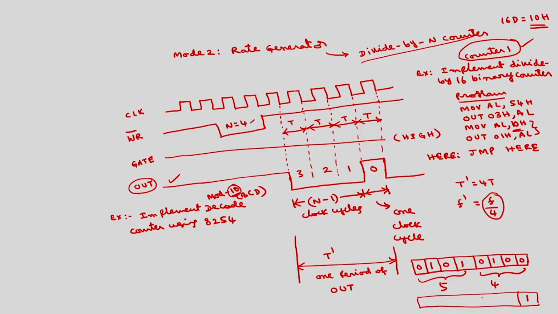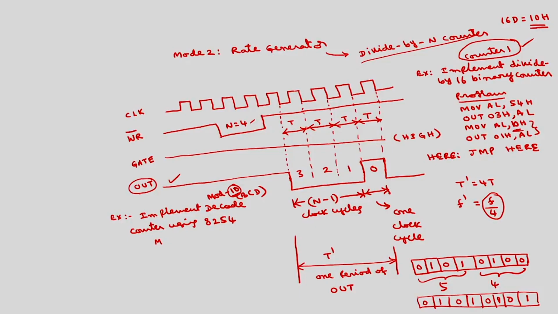Then for these 3 bits, they are 0 1 0 because the mode is mode 2, and this one is also only 8 bit, so this will be 0 1, and these two are also 0 1 because the select counter is counter 1. So this control word will be 55H.